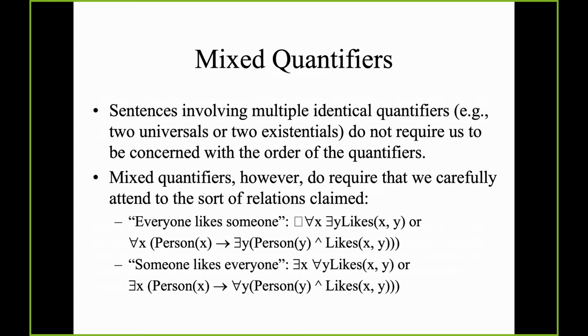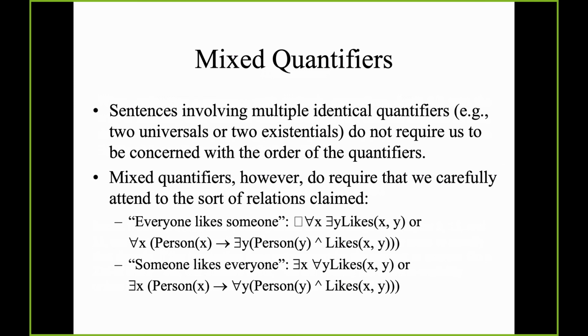But because I get nervous, I want to be explicit that we're talking about this type of thing, so I go ahead and specify persons. So for every x, if x is a person, then there is at least one y that's a person such that x likes y. Some of you might say, Mia, I hate that, don't do it.